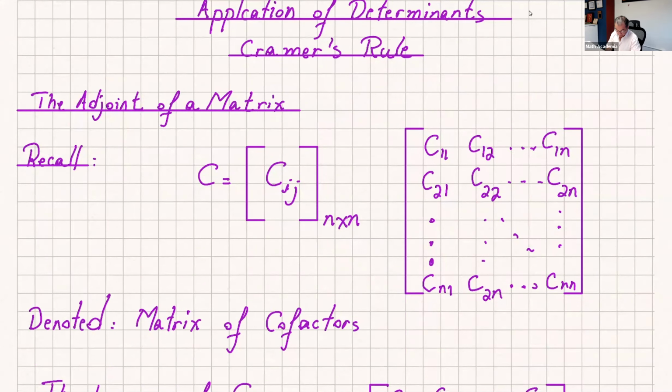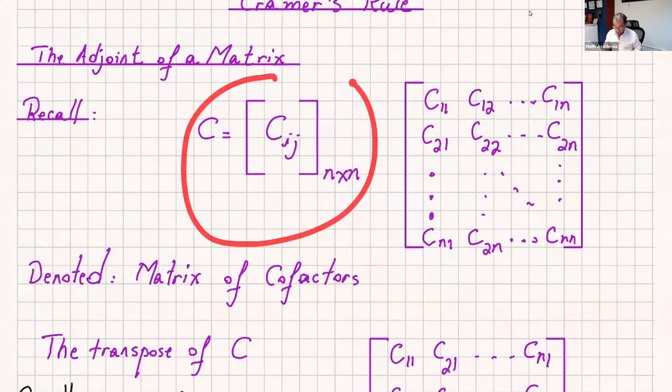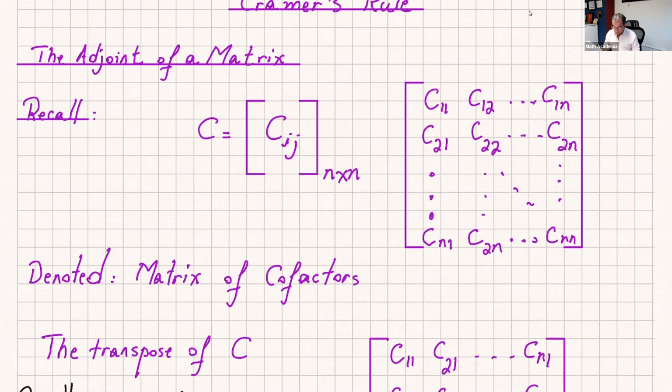Now recall, if I put C as the matrix of the cofactors, it can be written like that. If you have an n by n matrix, then you can calculate C11, C12, up to C1n, and so on.